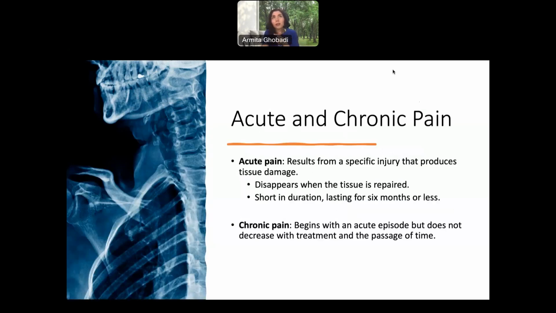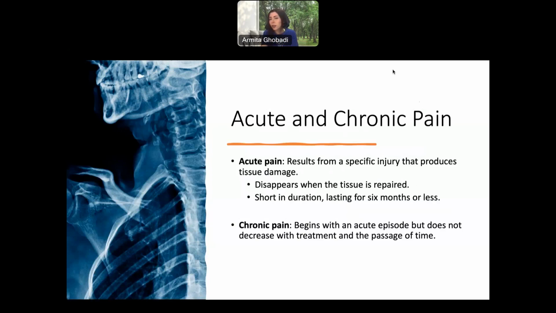Here we're going to talk about acute pain versus chronic pain and other pains. Acute pain, we already know, is very fast, a very specific injury. It might bring us a lot of pain, but the duration is going to be short. Most of the time, it's going to be less than 6 months. I talked about acute pain before, I guess in section 1.